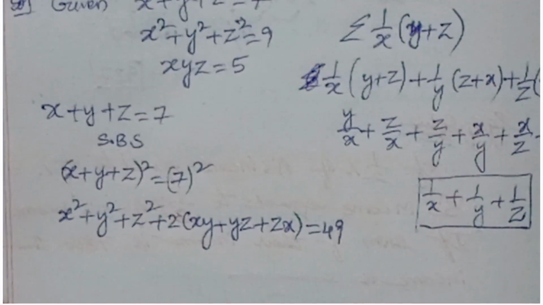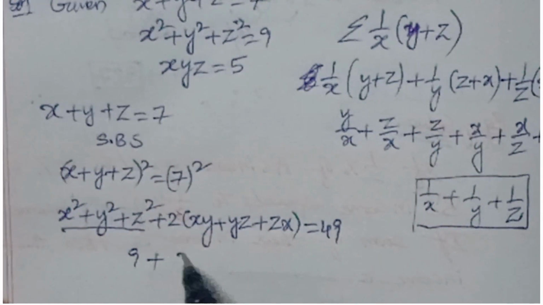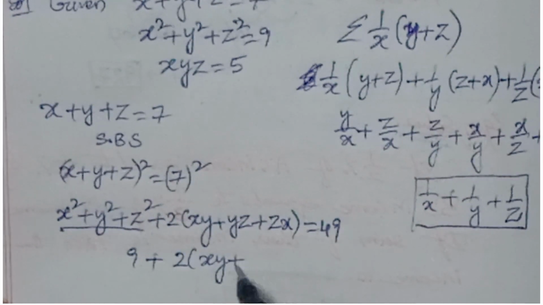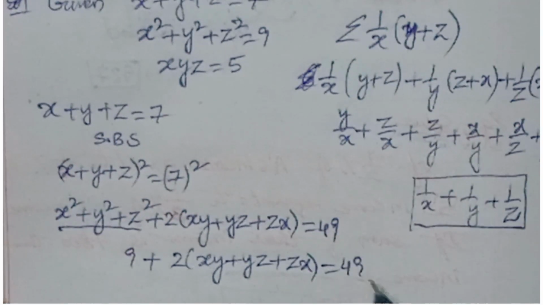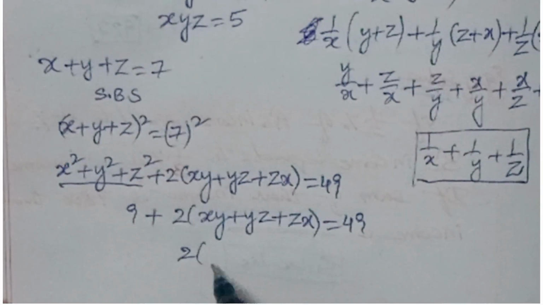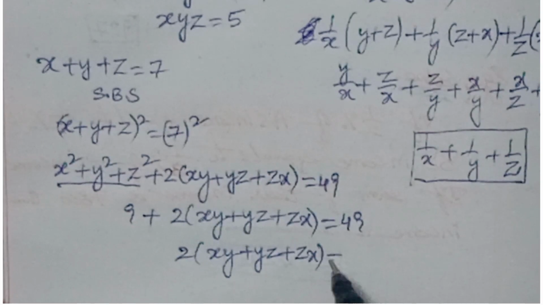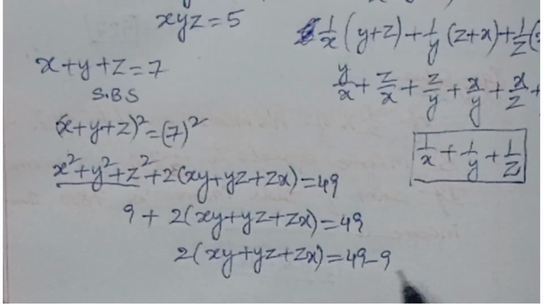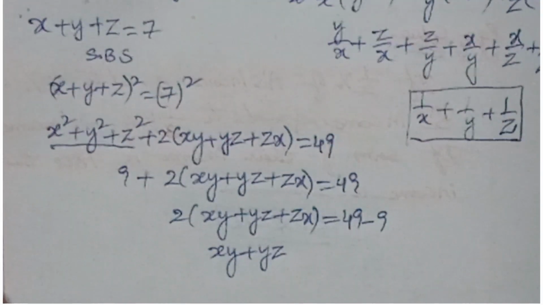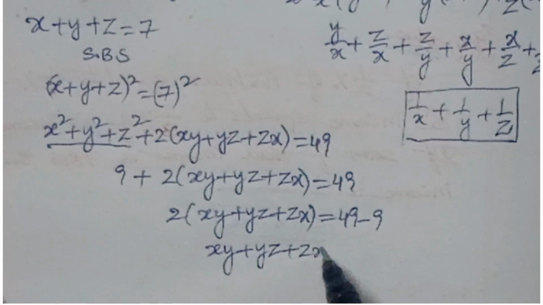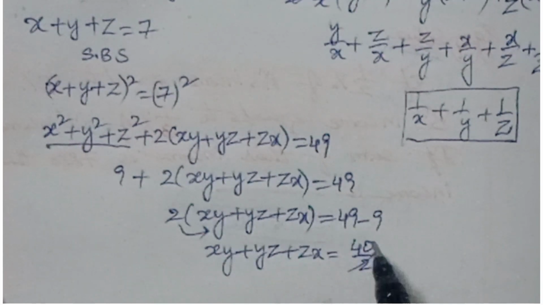Now this value is given as 9. So 9 plus 2 into xy plus yz plus zx is equal to 49. So 2 into xy plus yz plus zx is equal to 49 minus 9, so xy plus yz plus zx equals 40 by 2, which is 20.